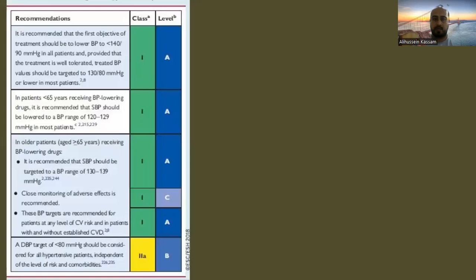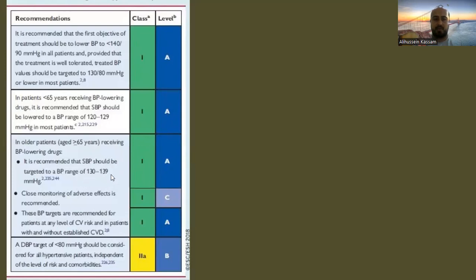These are the recommendations. An easy way to remember this is that there are two categories of patients. One is a patient greater than 65 years old, whose target would be a blood pressure of 130 to 139.